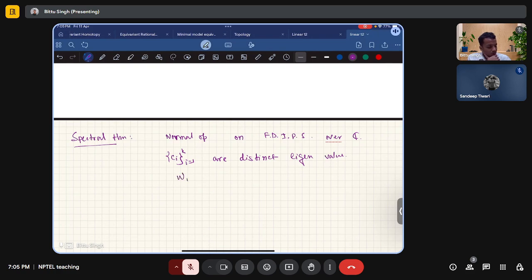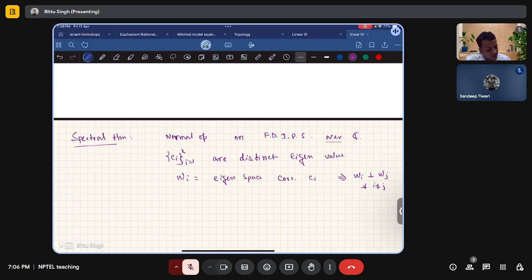Also let Wi be the eigenspace corresponding to ci. Then it is clear that Wi and Wj are orthogonal to each other, perpendicular. Their inner product is 0 when i is not equal to j.